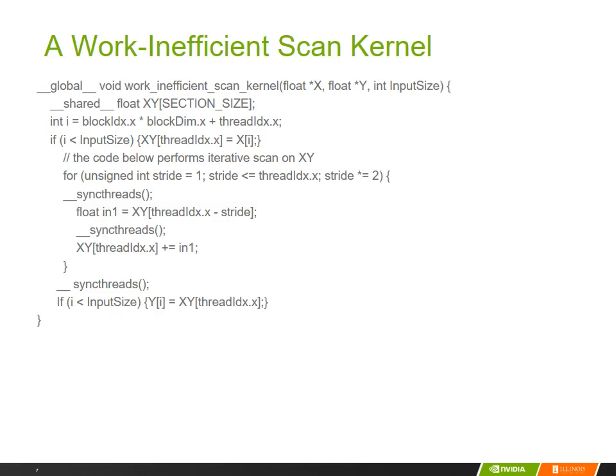And after we finish the loop, there's a barrier synchronization to make sure that all the threads have completed their addition in the final iteration. And then all the threads whose data index is within the valid range will write out the output value to the Y array.